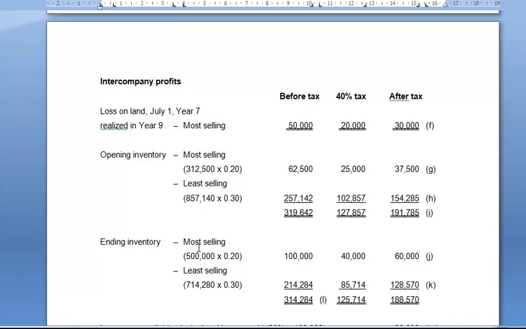Ending inventory, Most selling. So Most would have included this in its ending balance of retained earnings at the end of year 9. But we know that the 500,000 in inventory that's sitting with Least has not yet been sold outside, so we need to eliminate that 60,000 in intercompany profit.